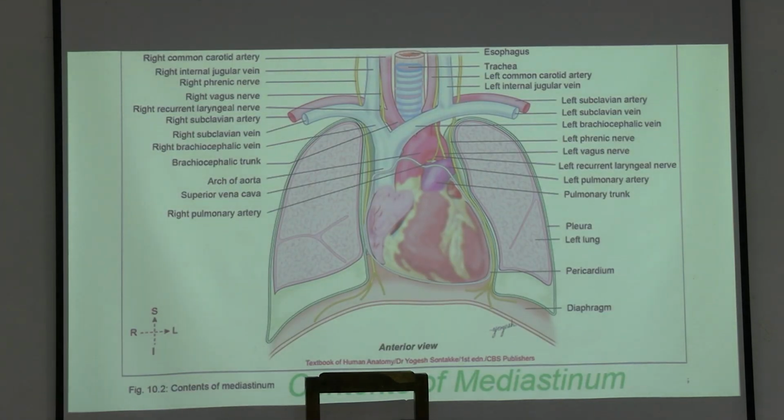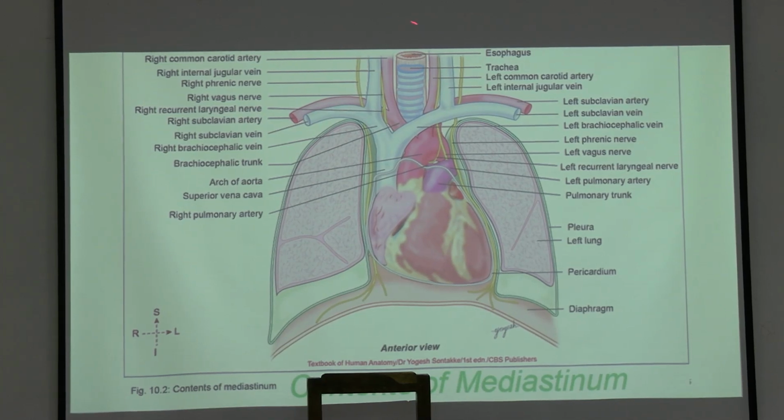Now, in this figure, we can see so many structures in between two lungs. So this forms a tubular structure which contains several great vessels.